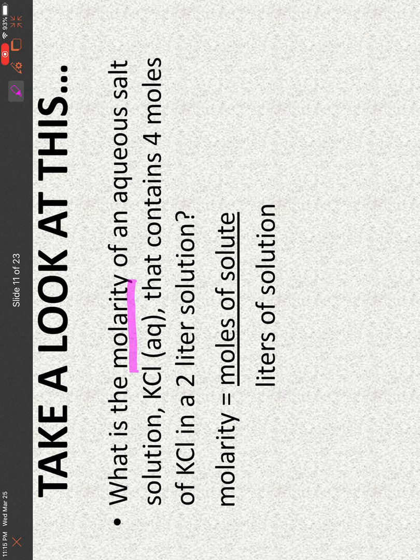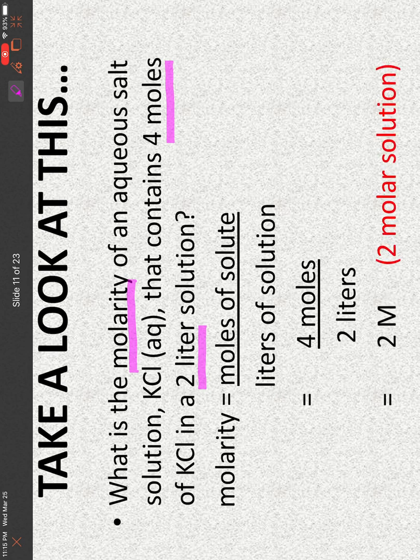Here's the formula, right from Table T. Molarity equals moles of solute divided by liters of solution. So we're just going to plug in the numbers from the question. We know that there are 4 moles, so that goes on top. And there are 2 liters of solution, so that goes on the bottom. And then do the math.